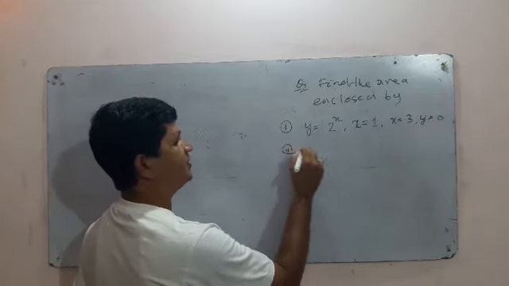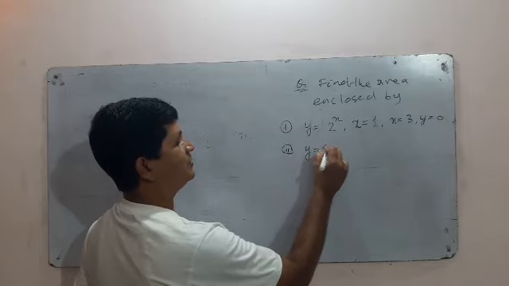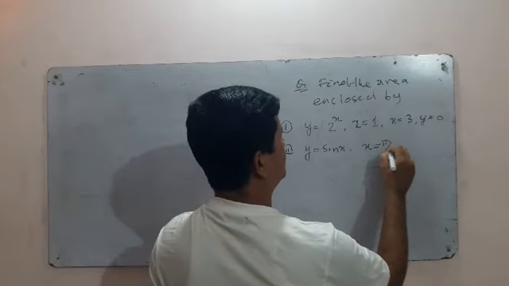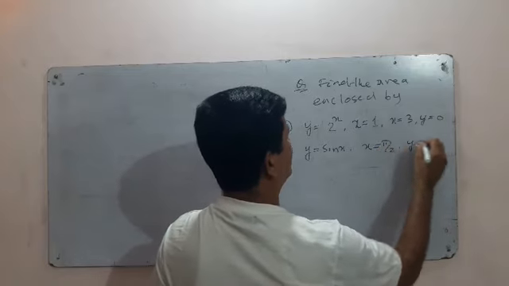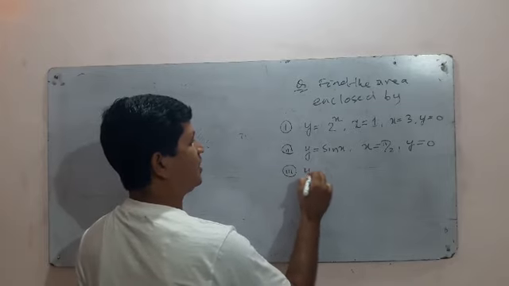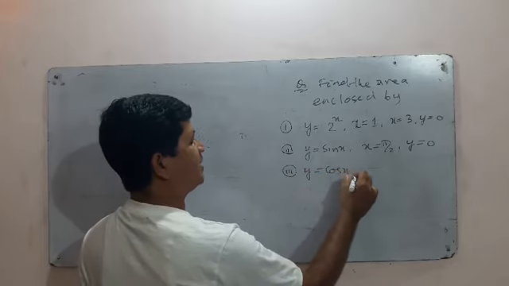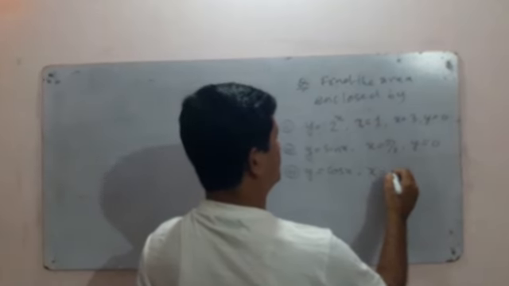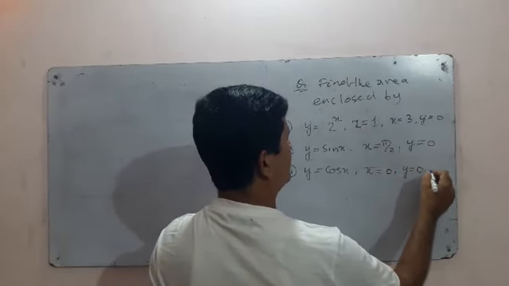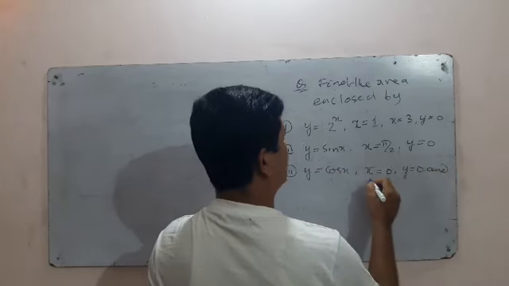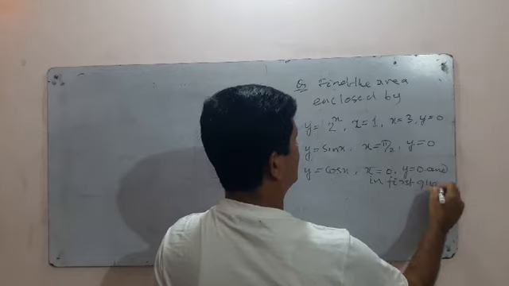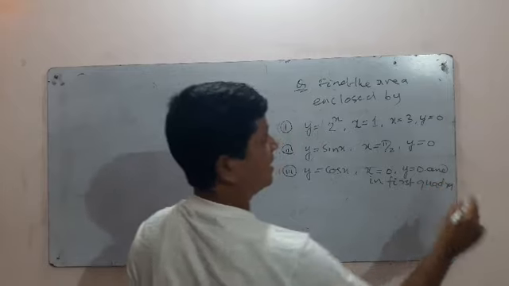Second, y equal to sin x, x is equal to pi by 2 and y equal to 0. Third, y equal to cos x, x is equal to 0, y is equal to 0, in the first quadrant. Area of the first quadrant only.